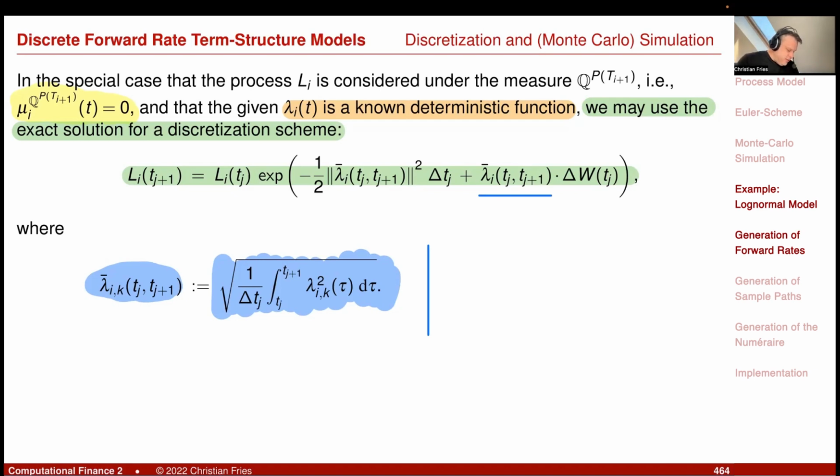This is the exact solution for the case when the drift is 0. But of course, maybe it makes sense to also use this when the drift is non-zero, because then you get at least no discretization error from the correction factor that comes from the Ito lemma when we move to the log coordinates and from the diffusion part.